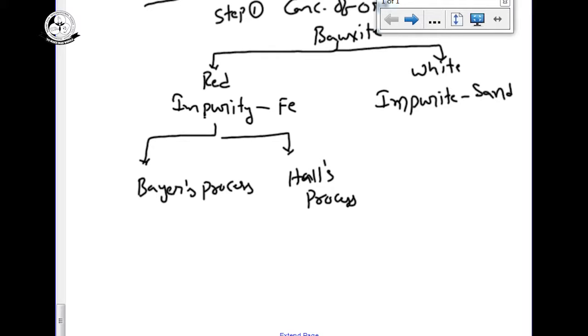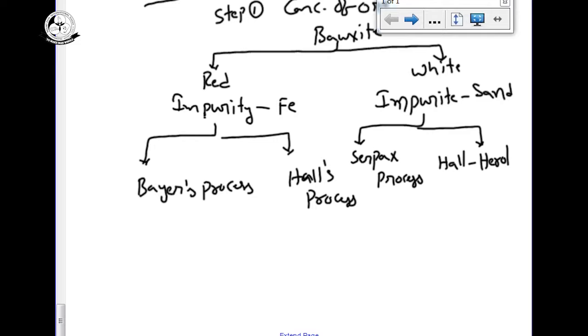White bauxite can be purified by two other processes: Serpak's process and Hall-Hérold's process.